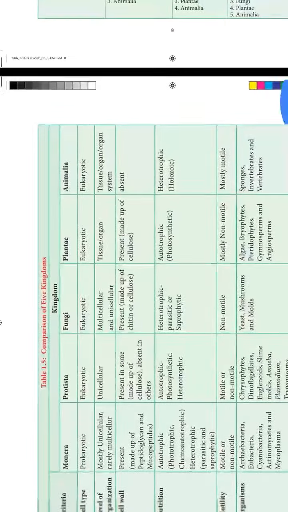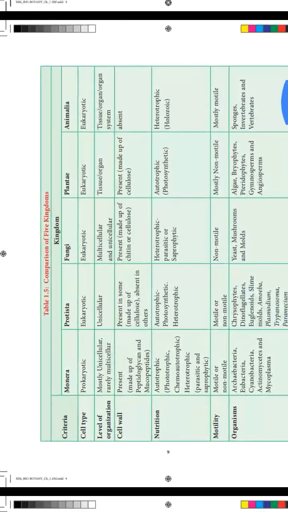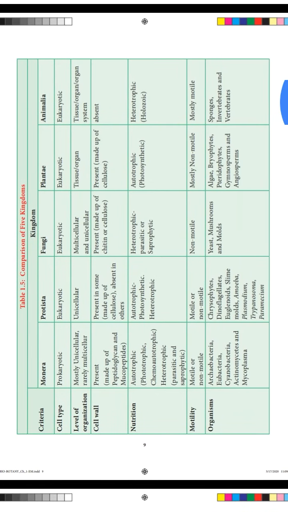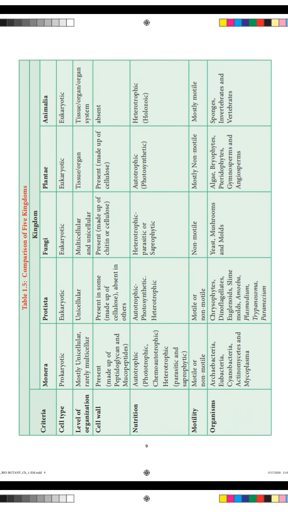Here we will study the comparison of these five kingdoms. There are certain criteria for the classification of organisms. The first criterion is cell type. Monera included the prokaryotes, while Protista, fungi, Plantae and Animalia all included eukaryotes. Next, level of organization, how the cells are present. Most organisms in kingdom Monera were unicellular, very few multicellular.